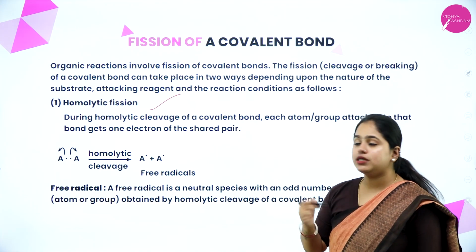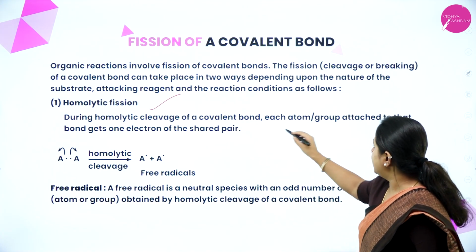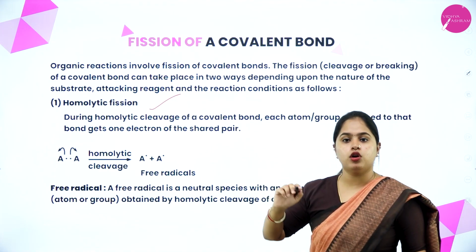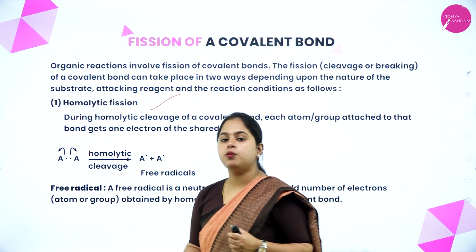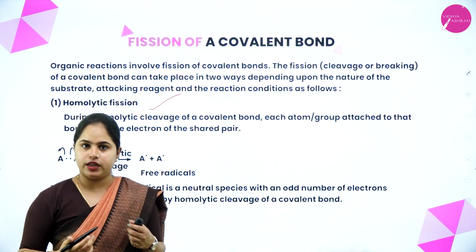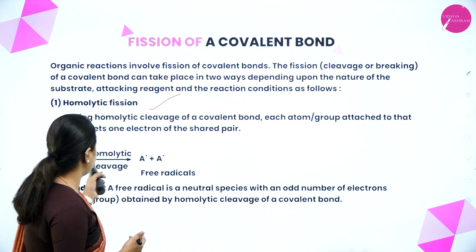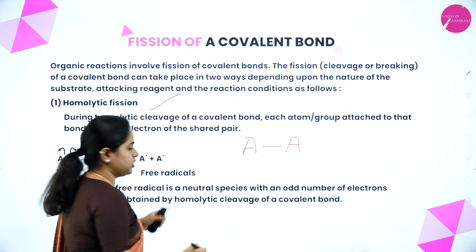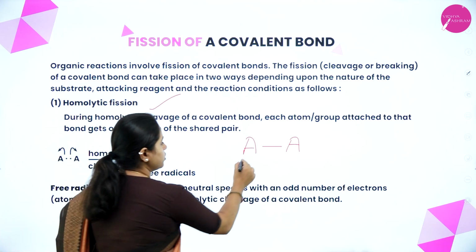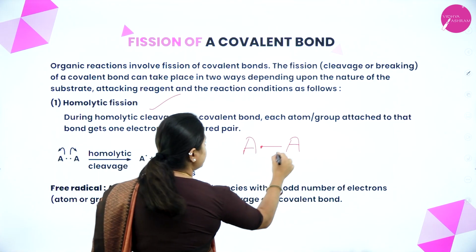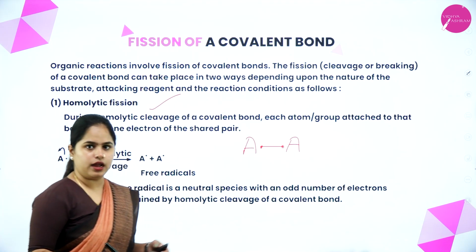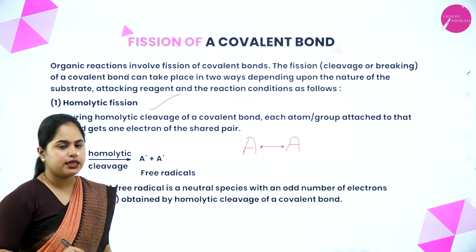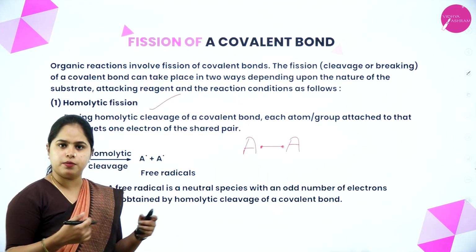During homolytic cleavage of a covalent bond, each atom or group attached to that bond gets one electron of the shared pair. Covalent bond means sharing of electrons, right? As you can see here, if there is a covalent bond between A and A, one electron is contributed by A, another electron is contributed by the other atom. Both of them are contributing one electron, and these two electrons are shared between them.